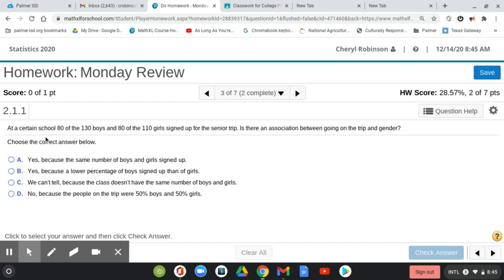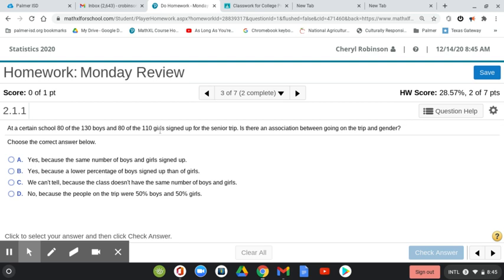At a certain school, 80 of the 130 boys and 80 of the 110 girls signed up for a senior trip. Is there an association between going to the trip and gender? Well, I see that I have the same number of boys and girls going, but I don't have the same number coming from that group. So it looks like there's more girls that went.